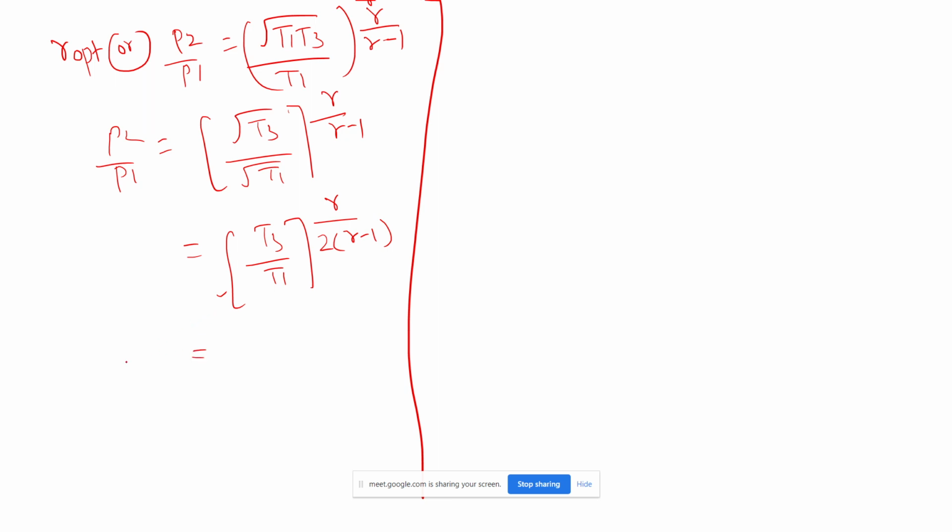Now for the ideal Brayton cycle for maximum work output, what we have assumed is T2 is equal to T4.